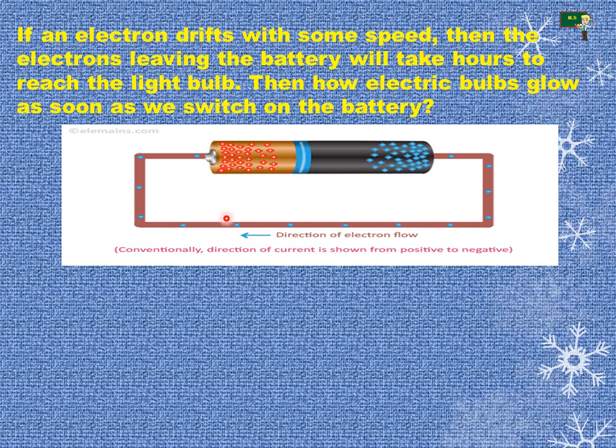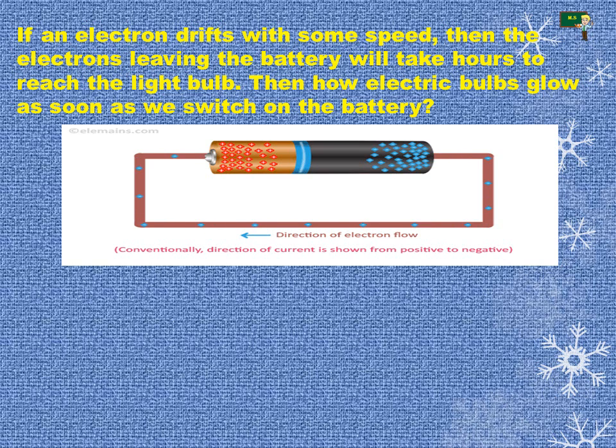Here the influence is that these electrons create an electric field around this propagation, and that travels through the wire at the speed of light, that means 3 into 10 to the power 8 meter per second.